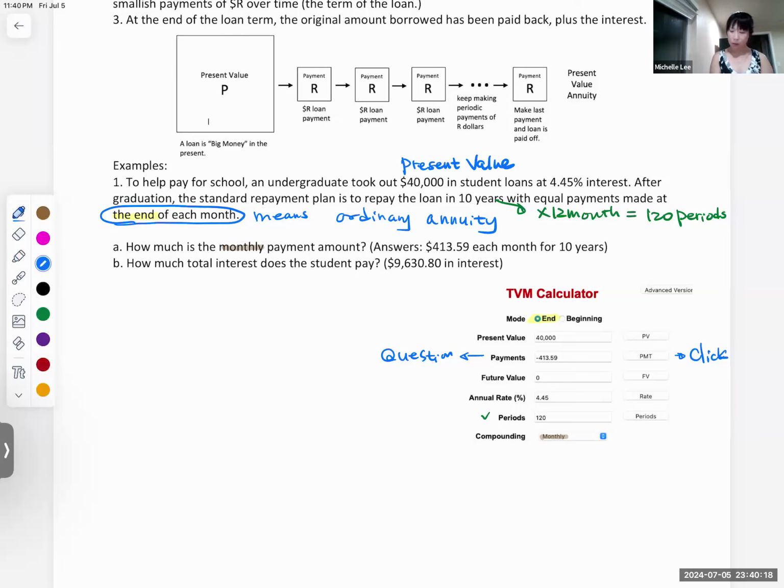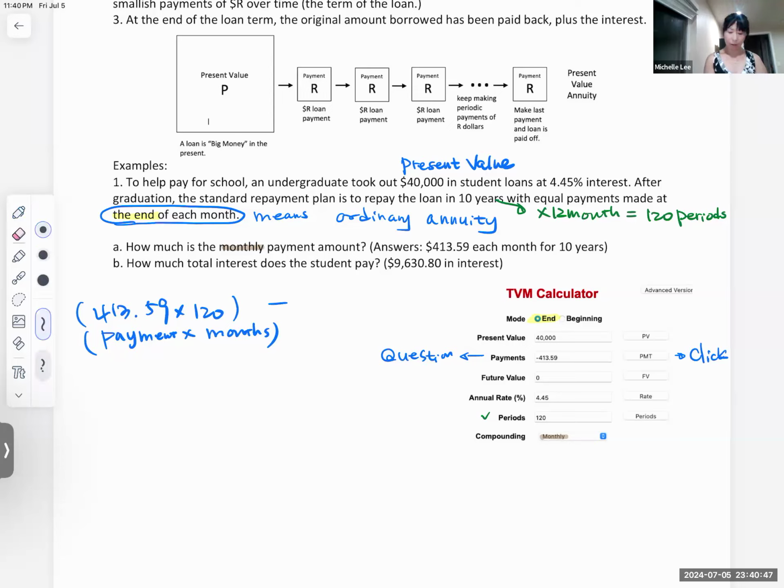The student paid 413.59 for 120 months, so payment times months, minus the present value, which is $40,000. If we calculate, we get $9,630.80.